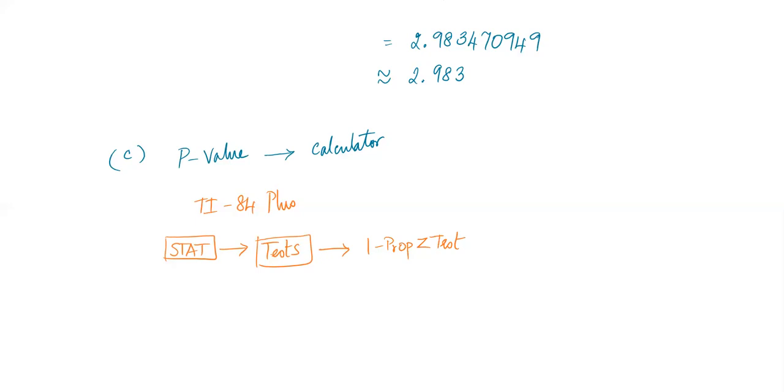You used 1 prop Z interval, and then you also have the T interval and so on. So here we are focusing on the test, not the interval. So I want you to make that difference there. So we'll go to 1 prop Z test, which is number 5 in my calculator.